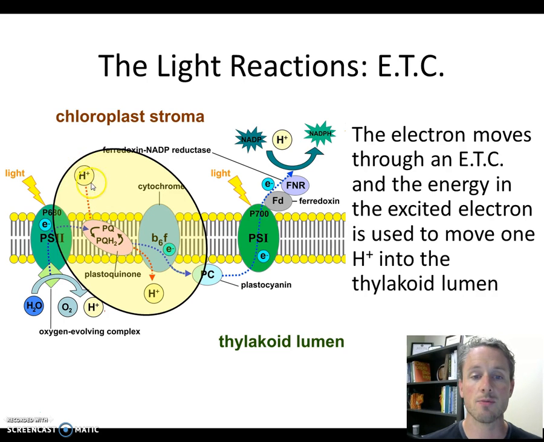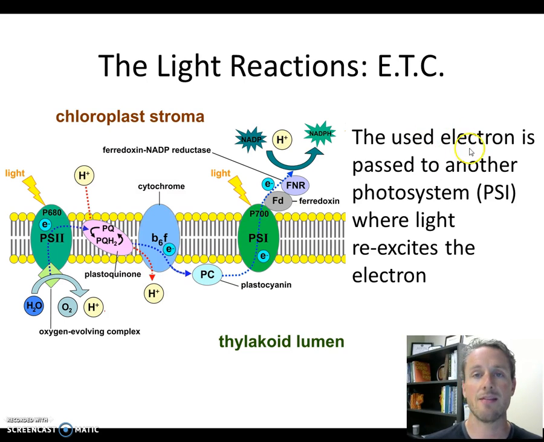And along the way, those proteins are going to grab a hydrogen ion from the chloroplast stroma and move it into the thylakoid space. That's sort of like how the electron transport chain worked in cellular respiration. So you might compare those two steps and see how they're similar. All right, so we've moved our electron from photosystem 2 through this electron transport chain, and now we've moved a hydrogen ion across the membrane.